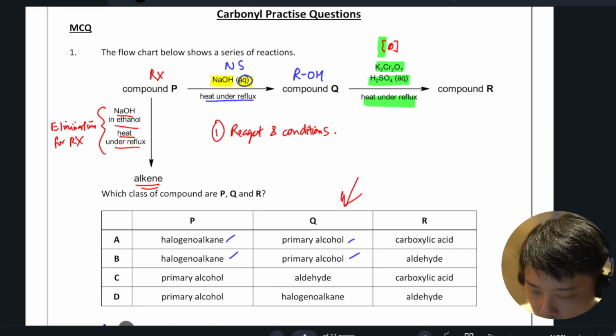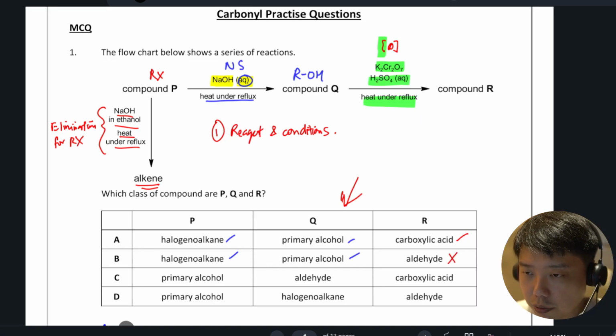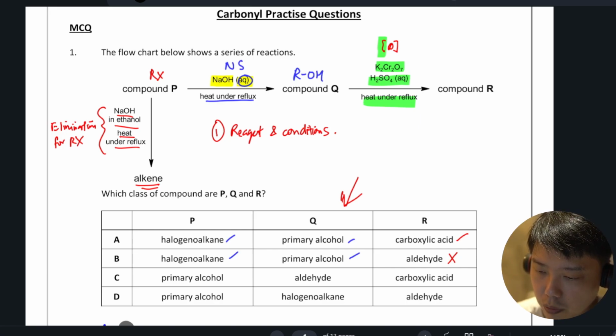If you look at your options below, we only have carboxylic acid, but we do not have ketones. It is impossible to get aldehyde from heating under reflux, because for aldehydes you need to heat with immediate distillation. So your compound R most likely is a carboxylic acid. Okay, so for question one, your answer should be A.